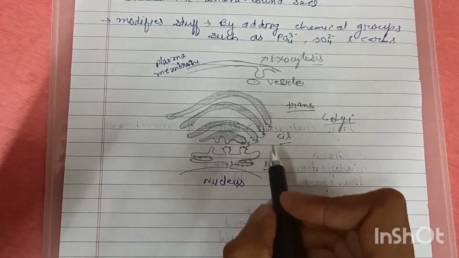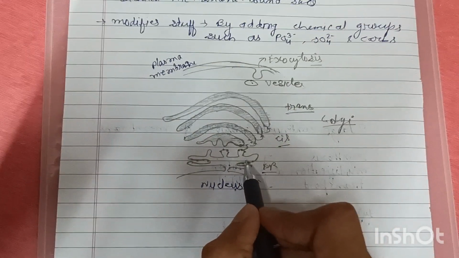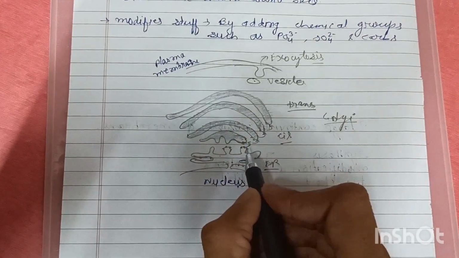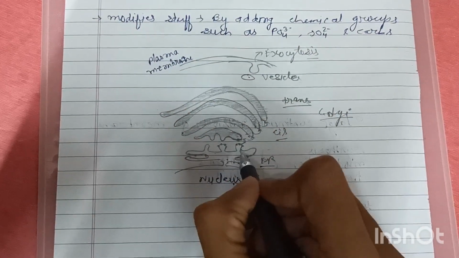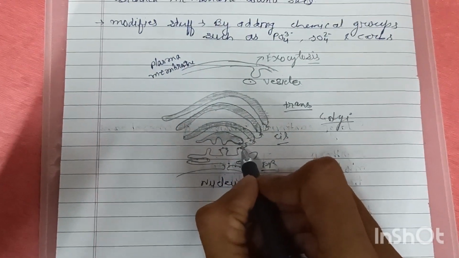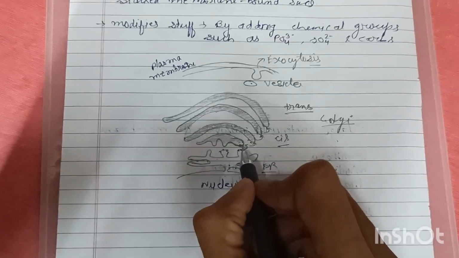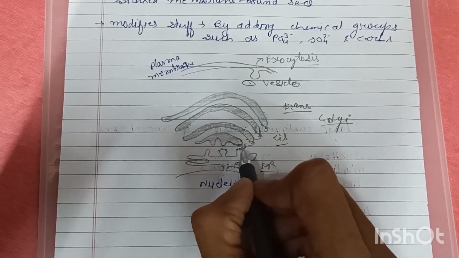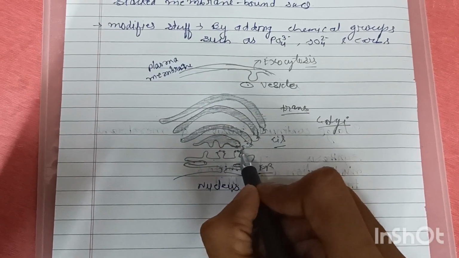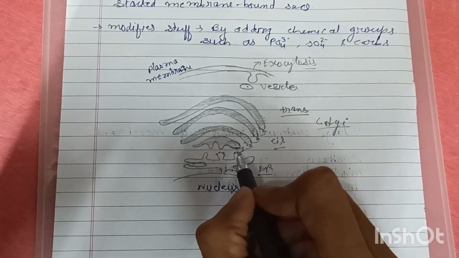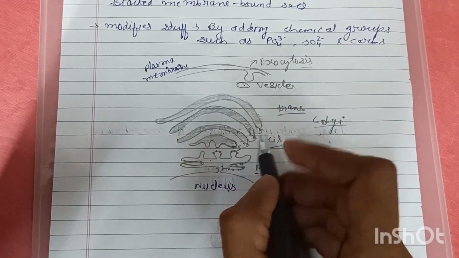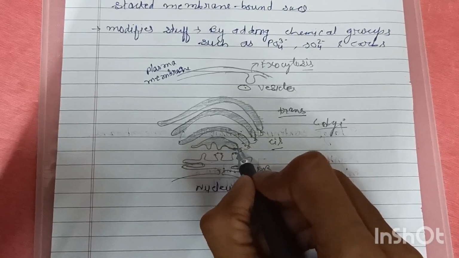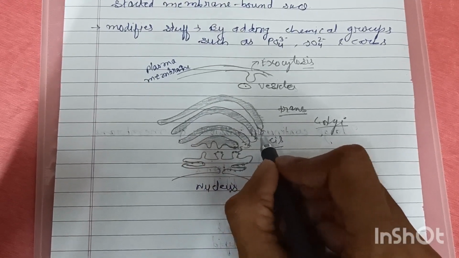So once the stuff is formed inside the endoplasmic reticulum here in the lumen, it is then transformed in the vesicle, and then it is released to the cis part of the Golgi apparatus, and from cis part of the Golgi apparatus, once this part received the stuff, then it will be transported to the next part, from here to here, here to here, and here to here.